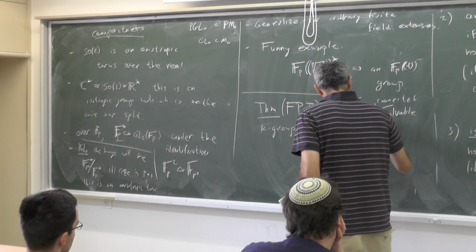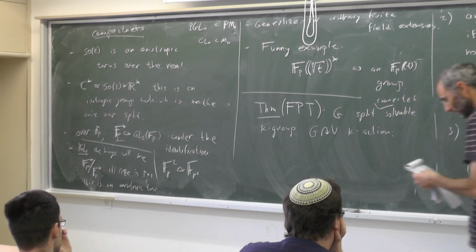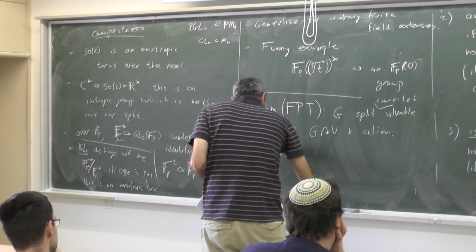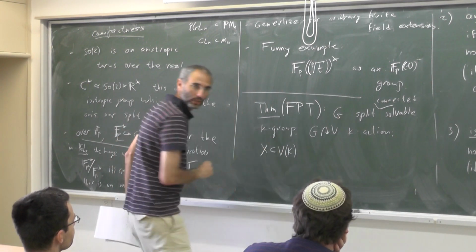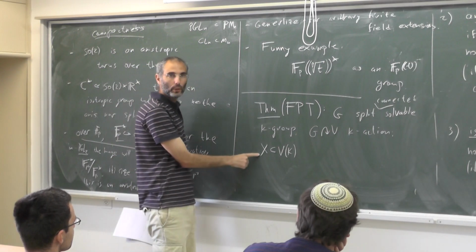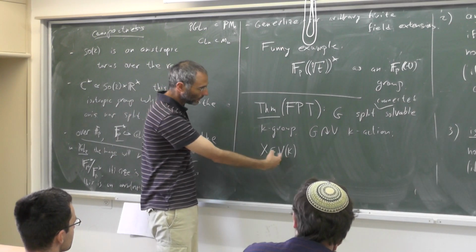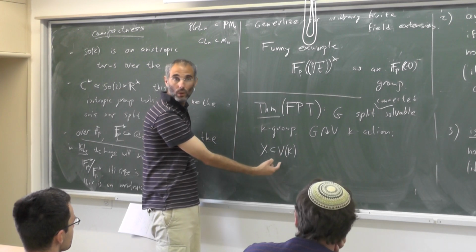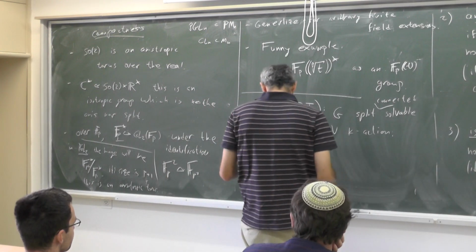So this is a K action. And I'm looking at the K points in V, and assume I'm having some subset. Now I want to think about it as a topological space. Forget algebra. Maybe this is a real variety here, or p-adic. So I'm having X.